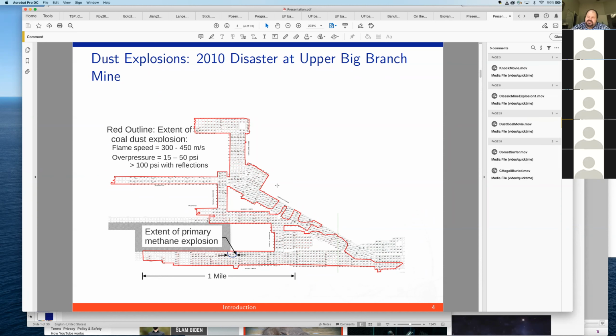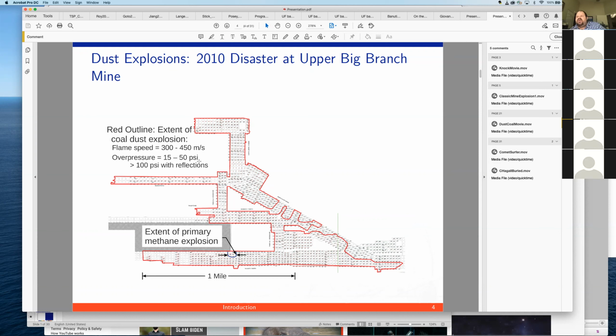Okay, so these things, when they happen, they tend to be very, very huge. And the overpressure for these is fairly small in comparison to the energetic materials that we've been discussing in this class. Maybe at most a couple of bars. But you have to remember that the reaction processes for coal dust explosions are far slower than they are for an explosive.